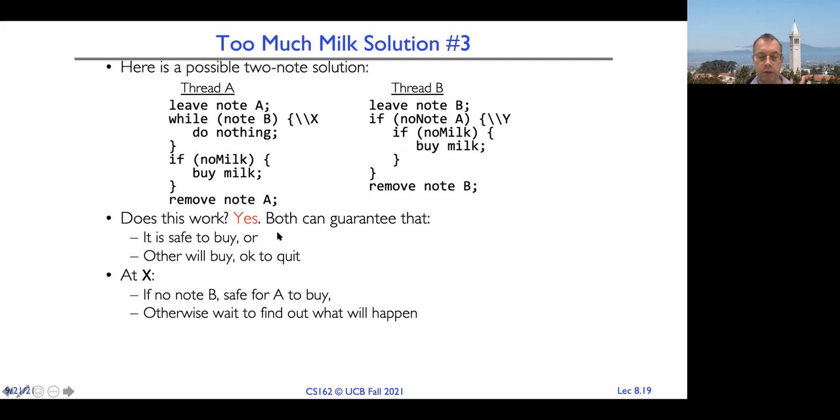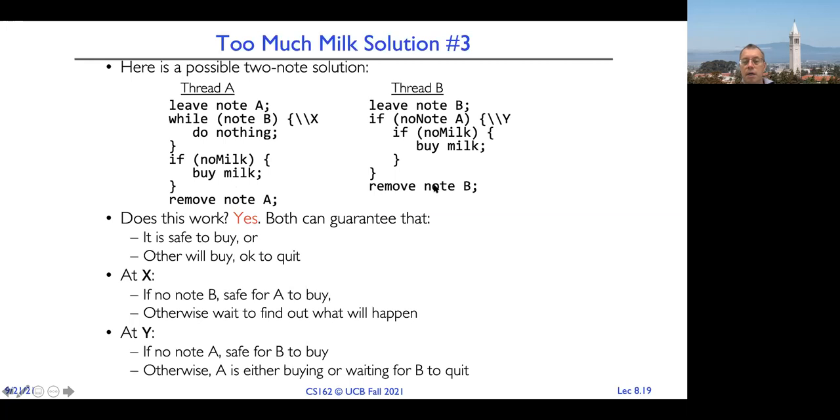Because if there is no note B, thread B is for sure outside this section of code. So for sure thread B doesn't buy milk. So it's safe for A to buy if there is no milk.